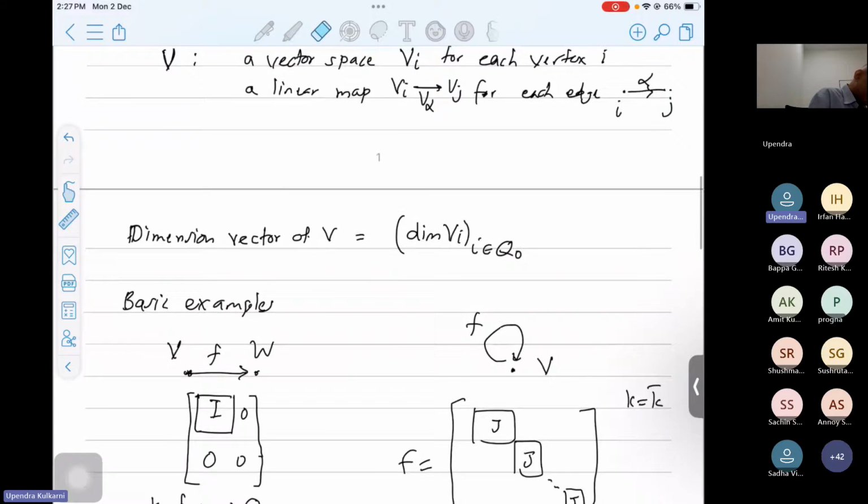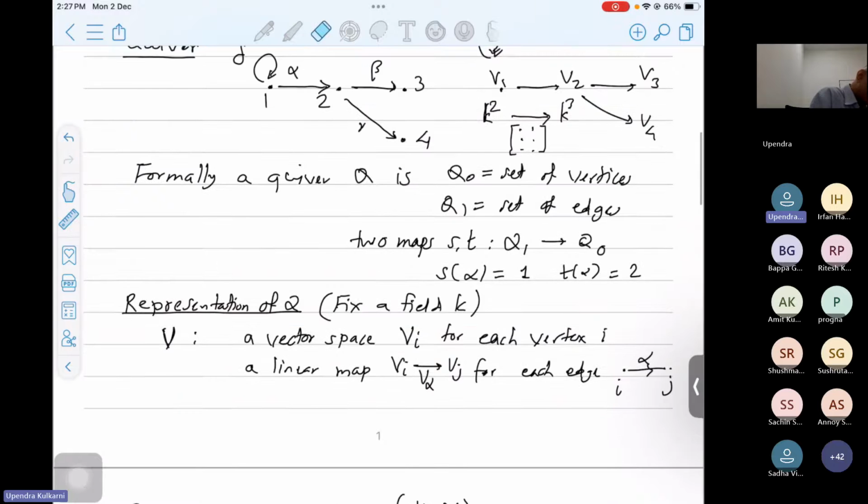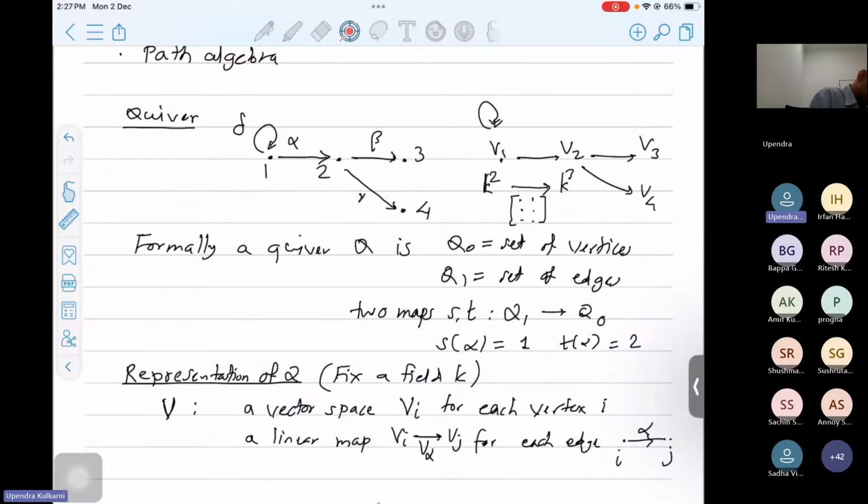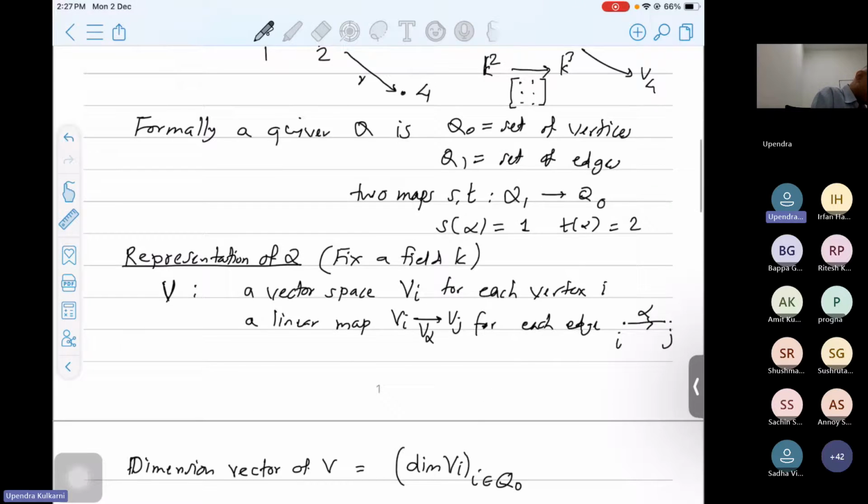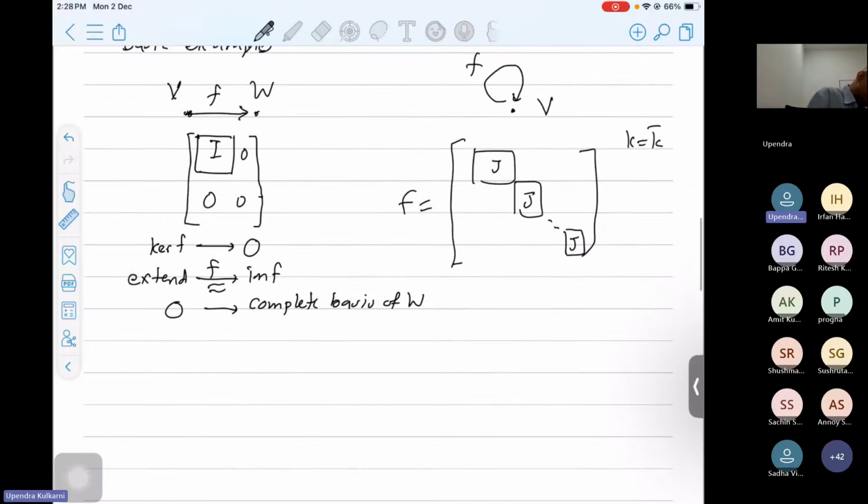Let's try to draw some representation like this for the same quiver, and try to imagine what it means for a representation to be isomorphic to that. So I have V1, V2, V3, V4.